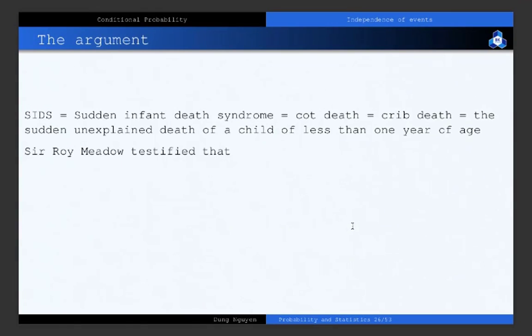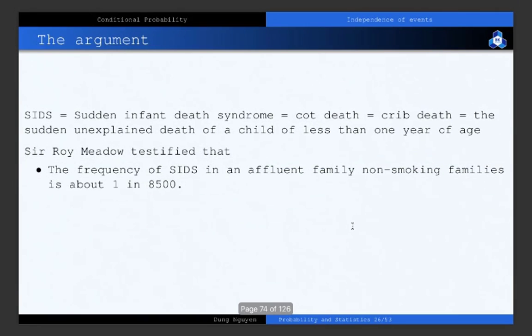In the case of Sally Clark, Sir Roy Meadow testified that the frequency of SIDS in an affluent family, non-smoking families, is about 1 in 8500.